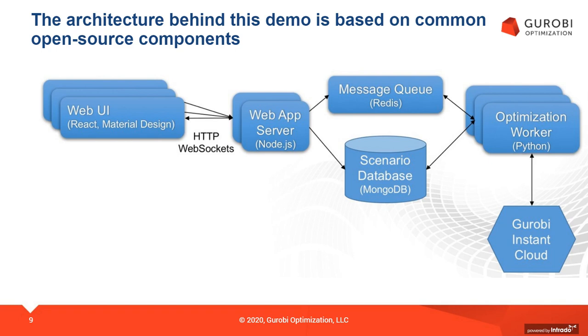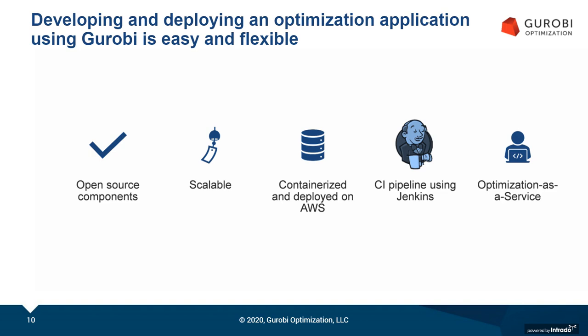Okay, so this is really in a nutshell how we built this application that I just showed you, and what are the key features here that I think are really important to understand and take away.